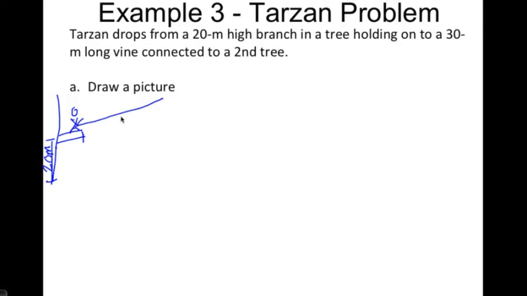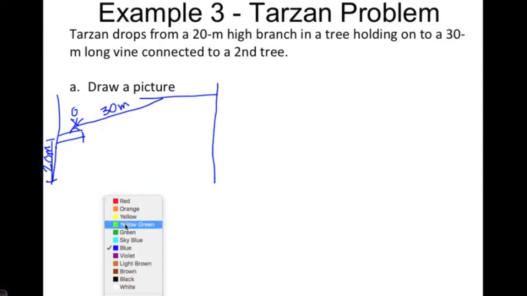The only thing we know about the vine is that it's 30 meters long. Okay, so it's connected to another branch. Let's change color. Tarzan is going to swing on the rope.